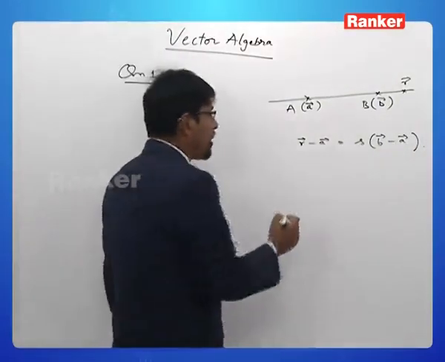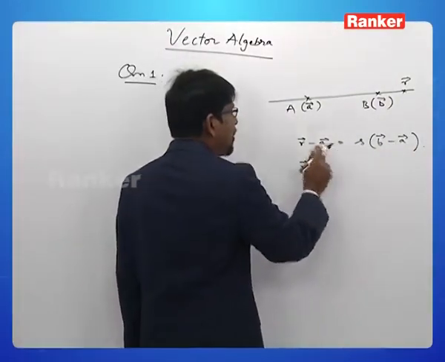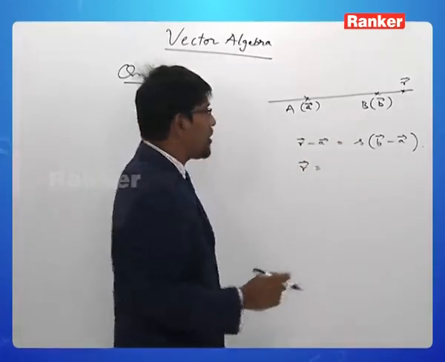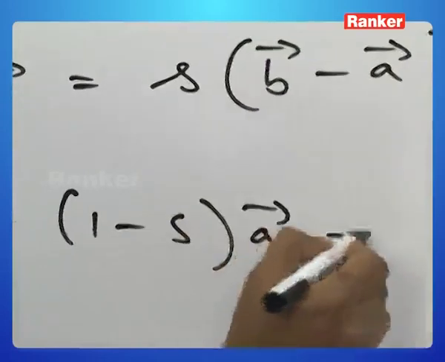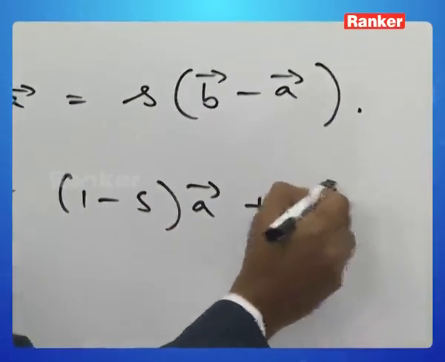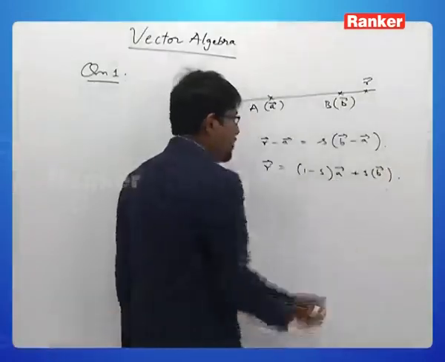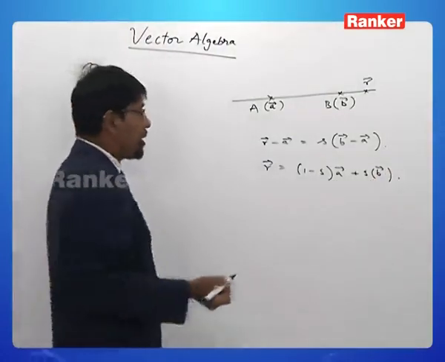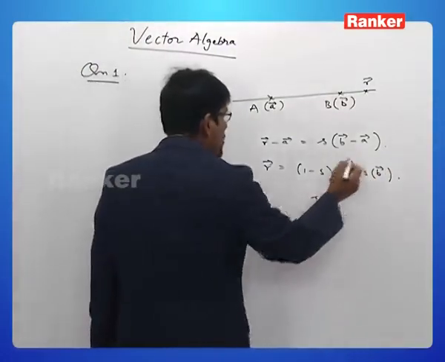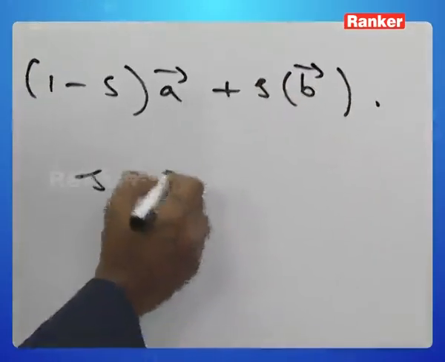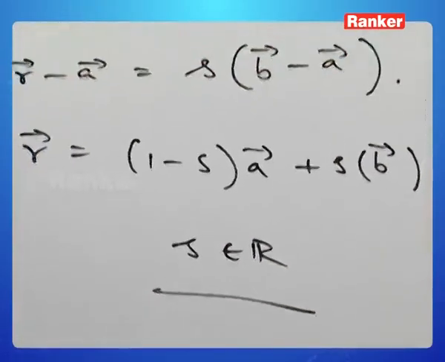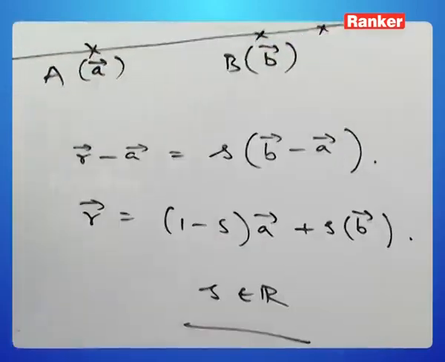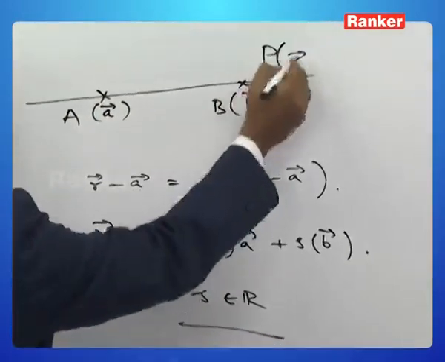In other words, we can transpose this A bar to the other side and get it in this form, (1 minus S) into A bar plus S into B bar, where S is any scalar, a real number. For different values of S, we will get different positions of the point on the line.